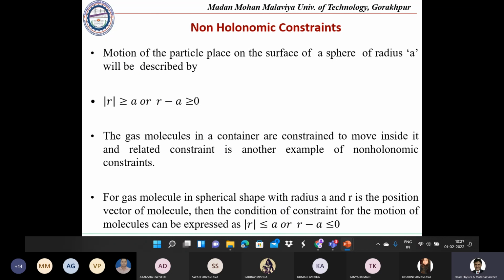Actually, एक मिनट, क्या है कि for the gas molecule in the spherical shape with the radius A and R is the position vector of the molecule, then the condition of the constraint for the motion of the molecule can be given as कि R, A is greater or less than the position R.